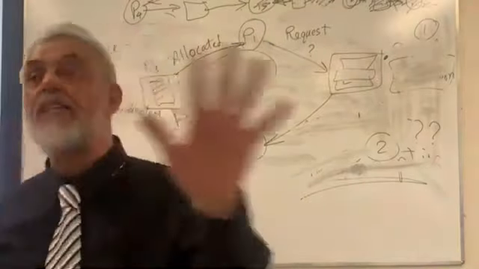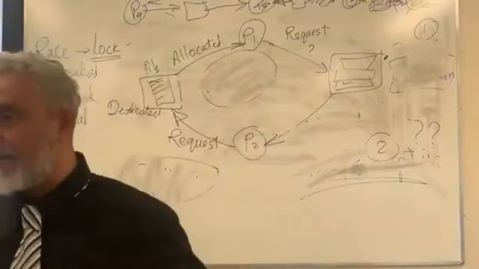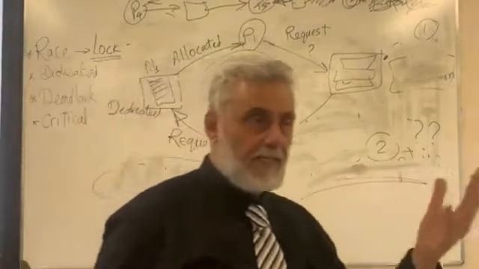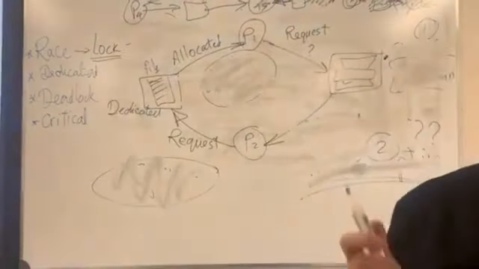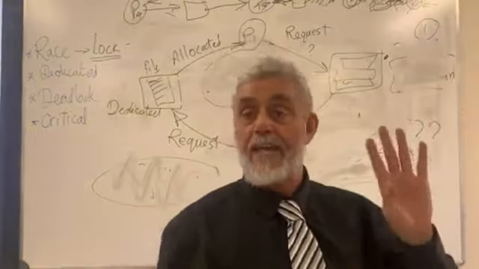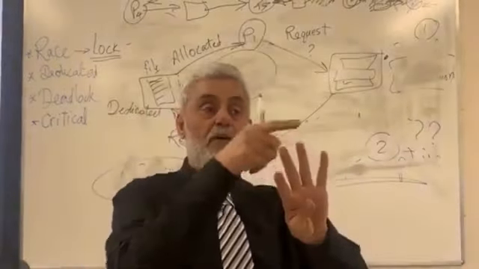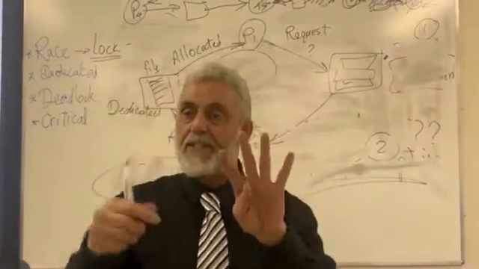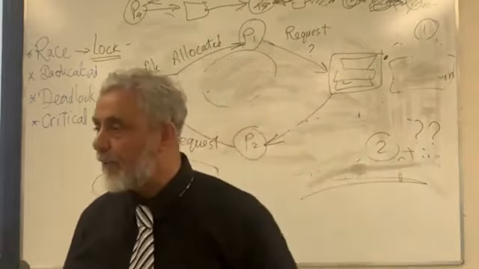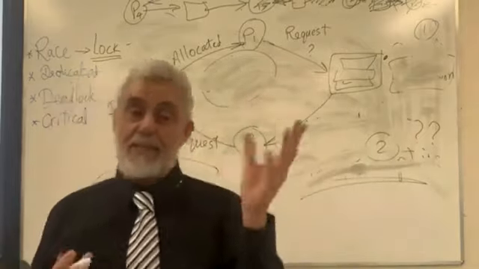So it's very easy to prevent a deadlock in a system. If you are asked in an exam how you prevent a deadlock, you start by saying that in order for a deadlock to happen, we need 4 conditions that must all be in the system. If we can remove one of them, then we will never have a deadlock. So it's reasonably easy, but as you will see later, it's not that easy.